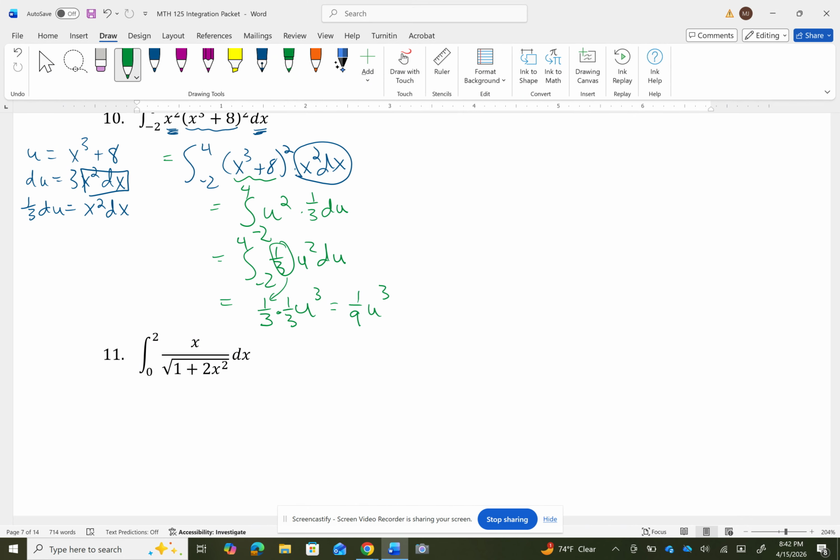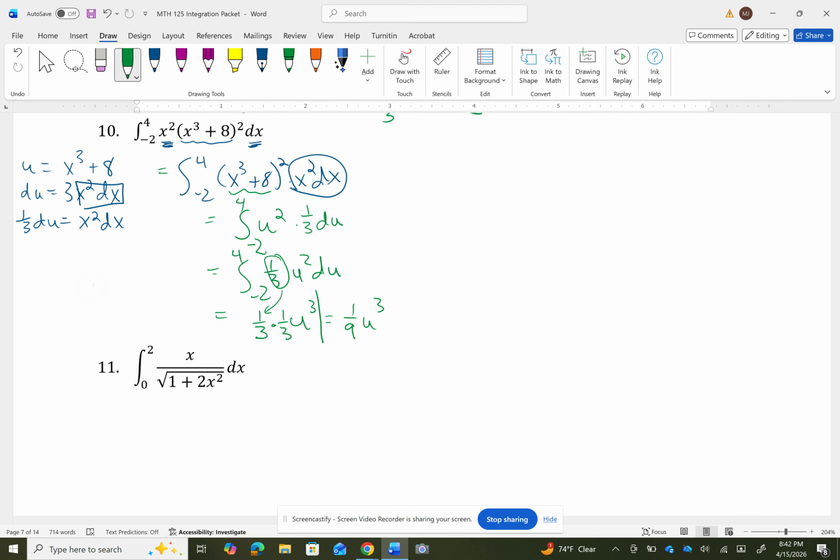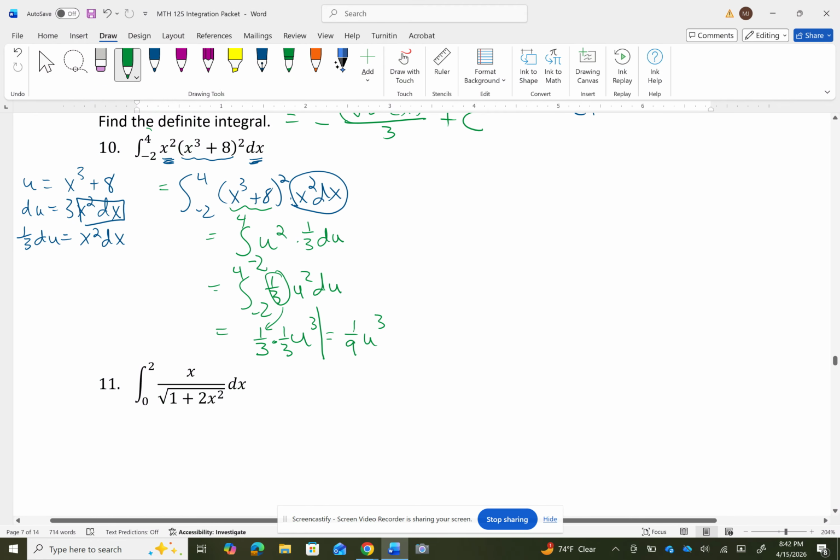Okay. Now here's the little subtlety that I want to take a moment to talk about. I do need to evaluate this, but I don't want to put these original limits of integration on it because those are x's. Those are x of -2 to an x of 4, and I'm not in x mode yet. I'm in u mode.